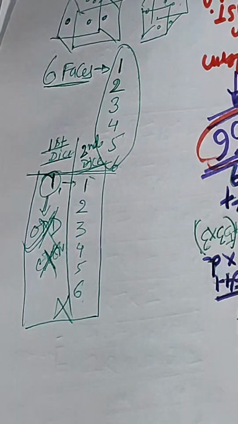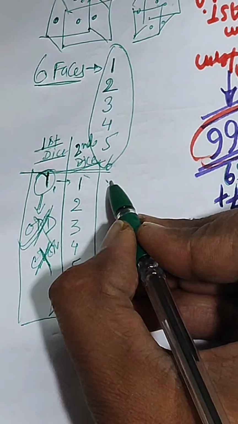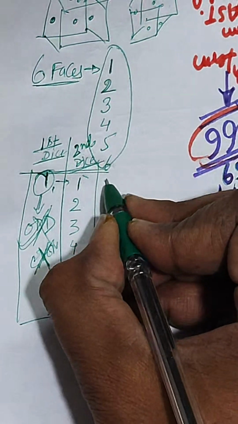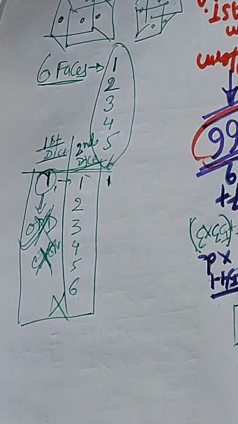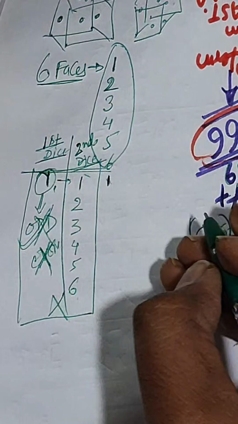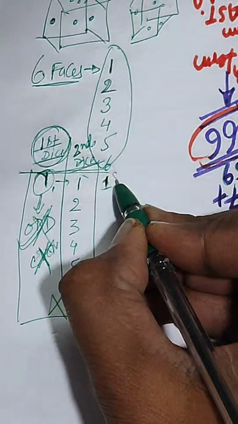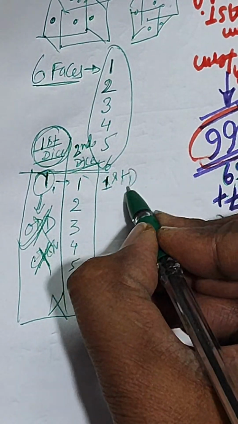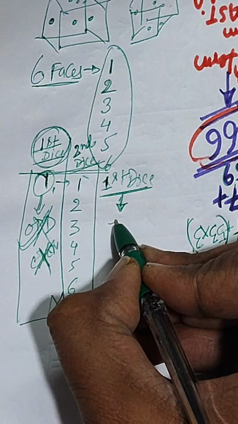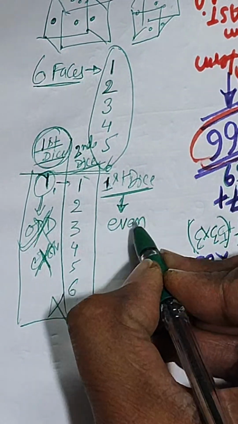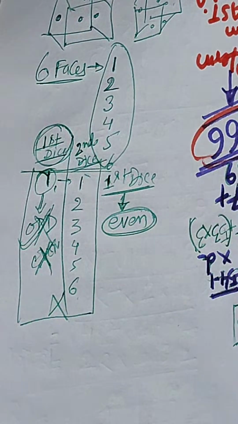So what we can do, when all the faces of the first dice are covering odd, we will not take that. We will take only the options when the first dice is even, because the condition given into the question is even on both the dice.